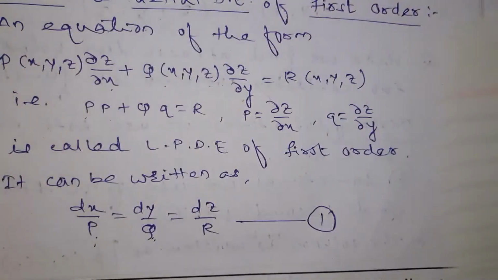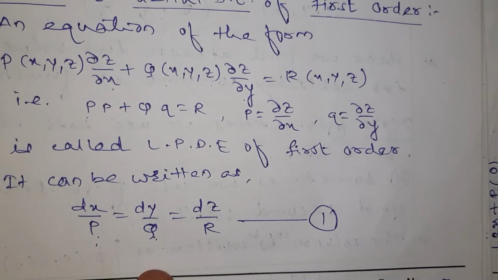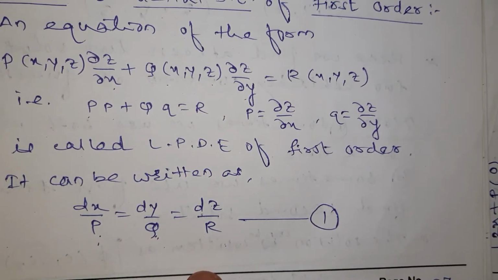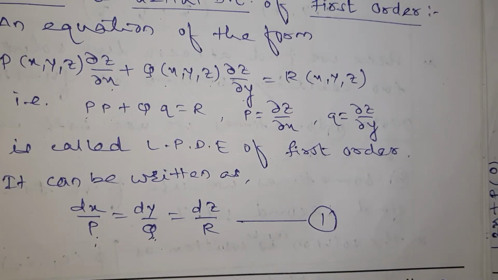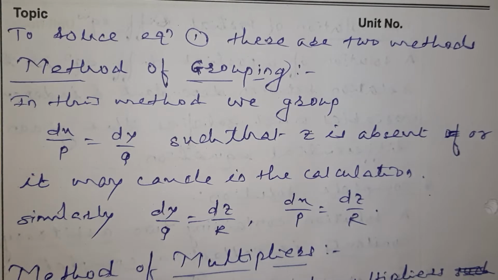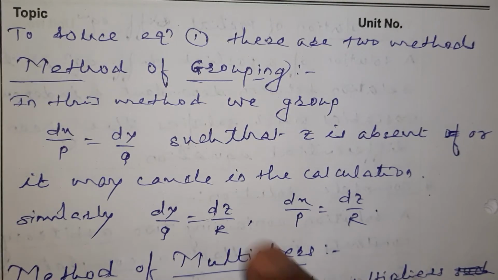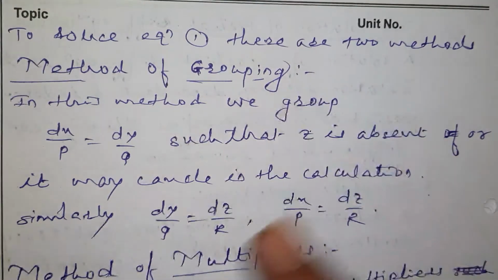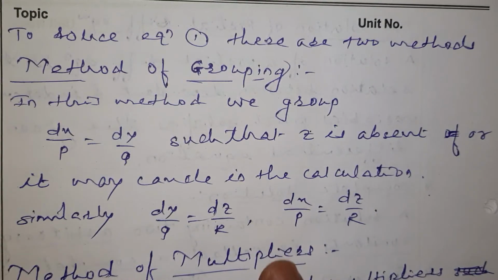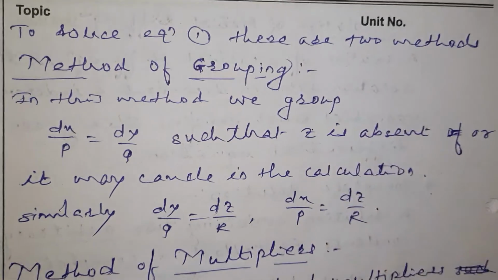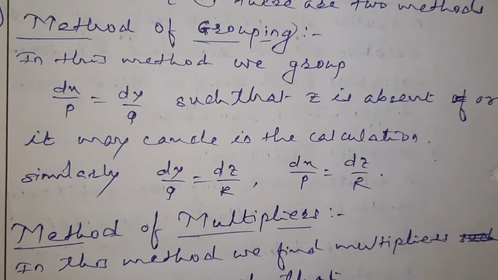This equation, dx upon P is equal to dy upon Q is equal to dz upon R, is called a symmetrical simultaneous differential equation. Now, there are two methods to solve these differential equations. The first one is the method of grouping and the second one is the method of multipliers.